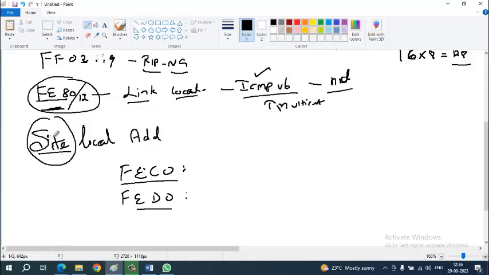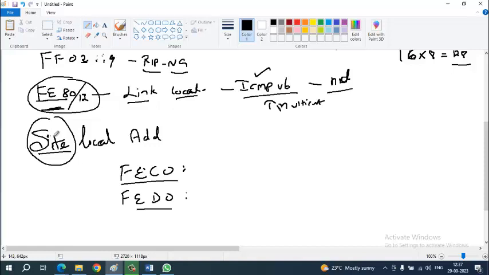The word NAT itself is not in IPv6 except in one place. What is that? For the time being, there is one NAT solution, but no one is ready to use that. But there is one solution for the migration period. We call it NAT-PT, NAT protocol translation.